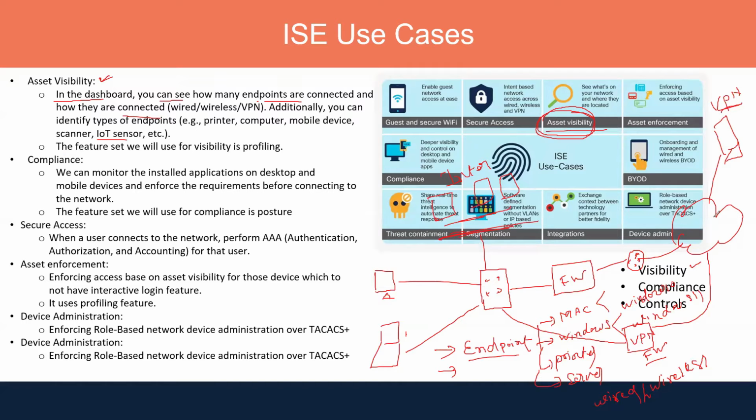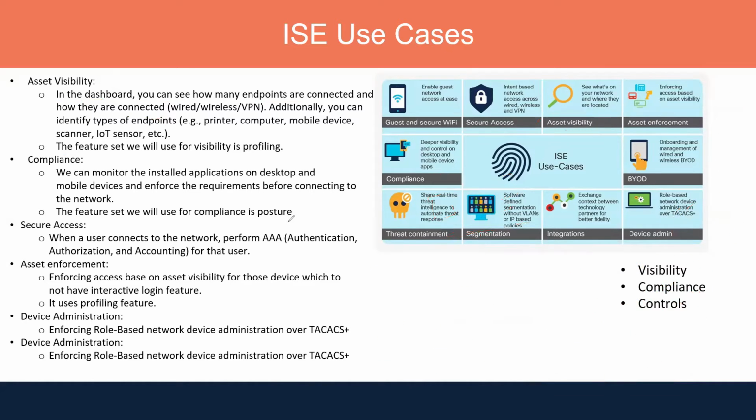So basically, this asset visibility is fulfilling your visibility requirement. If you want entire network visibility, you can use this use case, asset visibility in ISE, and this feature is going to provide you the entire network visibility.